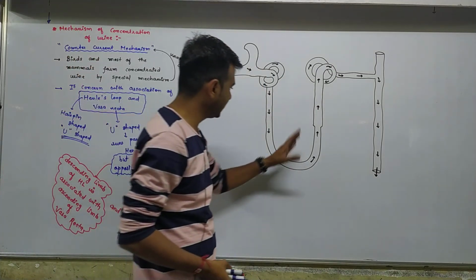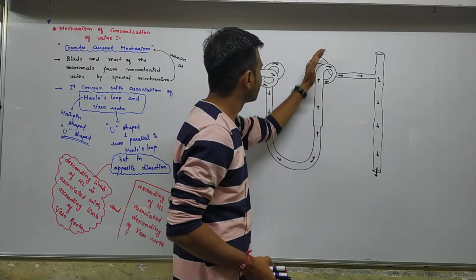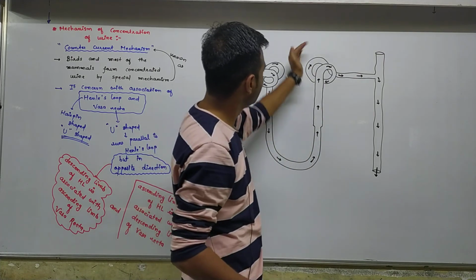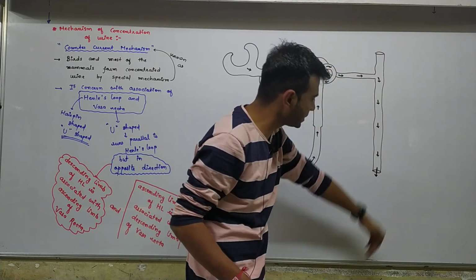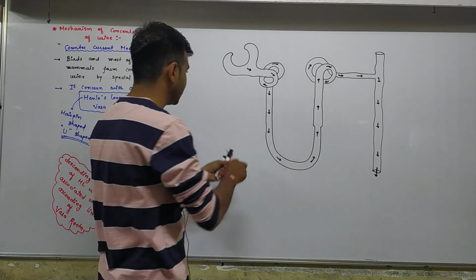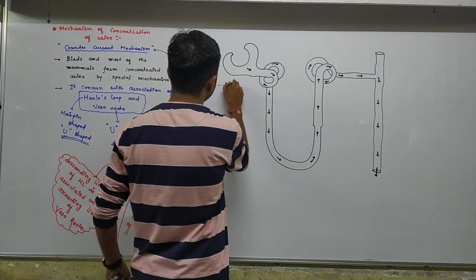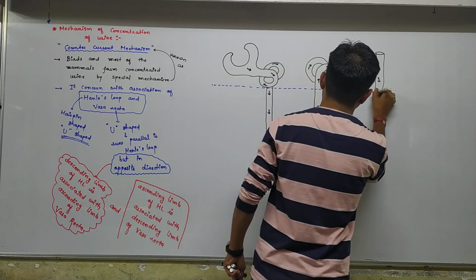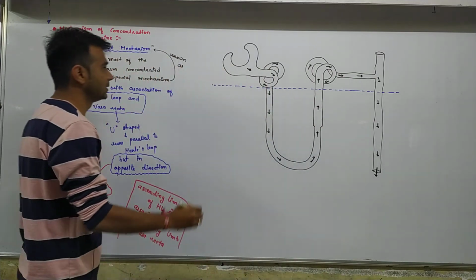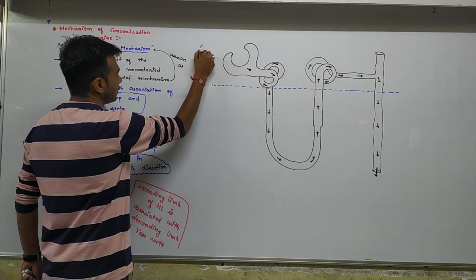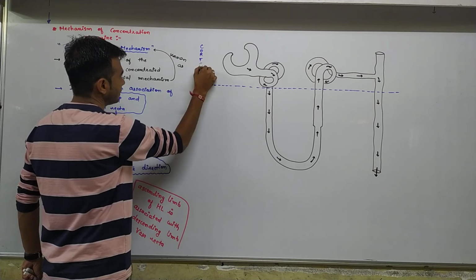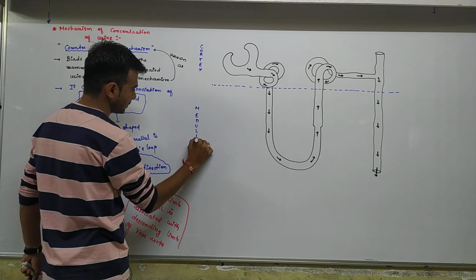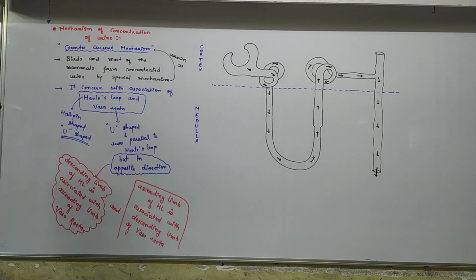So from the ascending limb, the filtrate goes up into the distal convoluted tubule. Accordingly it runs through the tubule, and then to the collecting duct it goes down again. Now, as you know, here I can put the dotted line. Why the dotted line? Because here the cortex part is there, and here the medulla part is there. Fine.